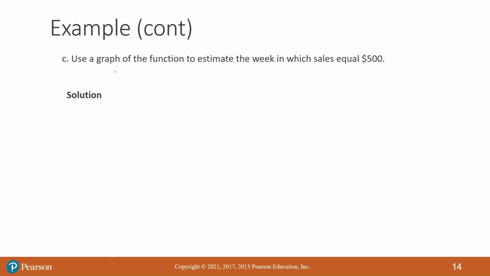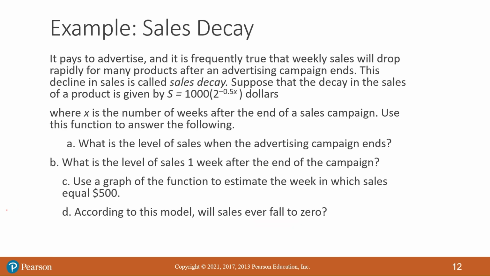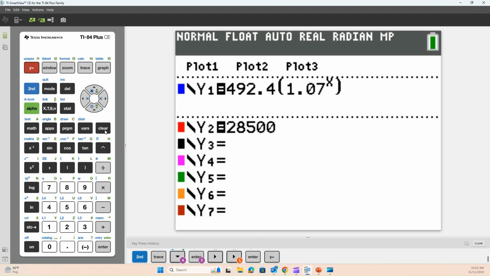Now, let's use our graph function to estimate the week in which sales will equal $500. In order to do that, I need to type in the initial equation, which is 1,000 times 2 raised to the negative 0.5x.